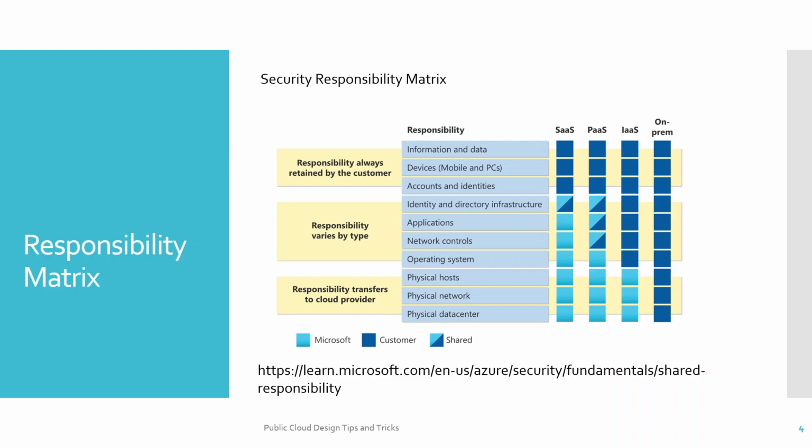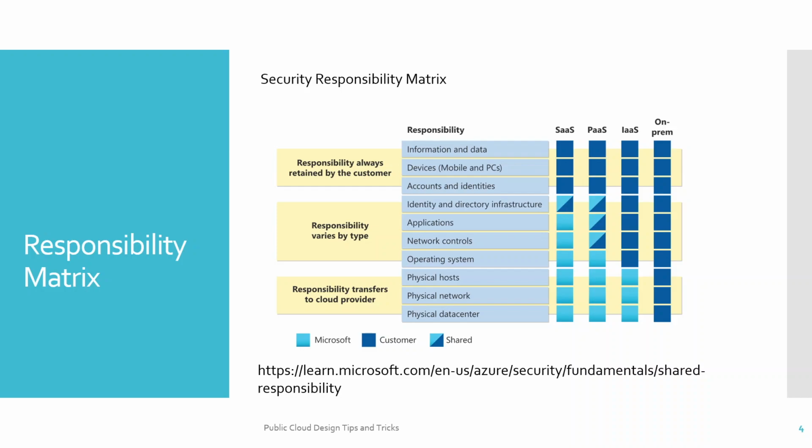For example, when it comes to applications, if you are operating in a SaaS environment, it is the cloud vendor's responsibility. If you are working on a PaaS model, it is a joint responsibility of the cloud vendor and the organization. And if you are using an IaaS-like environment, it is the customer's responsibility.